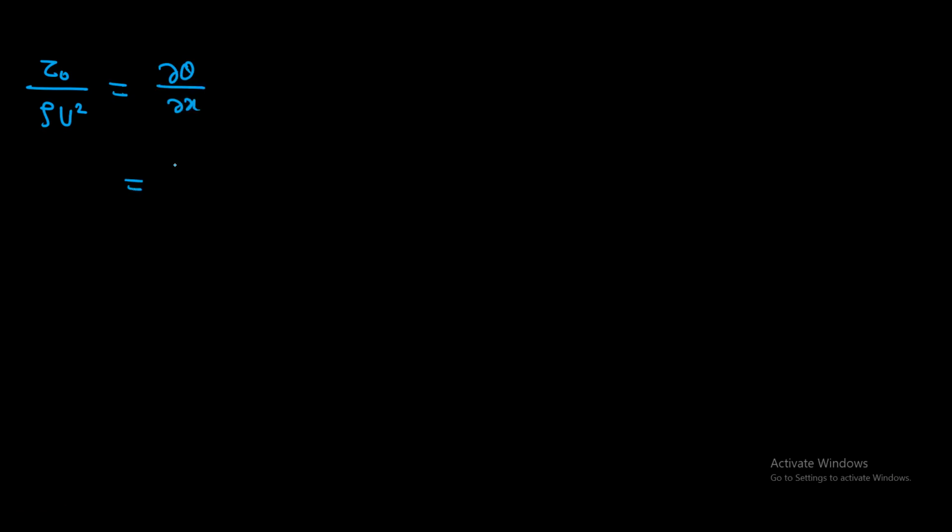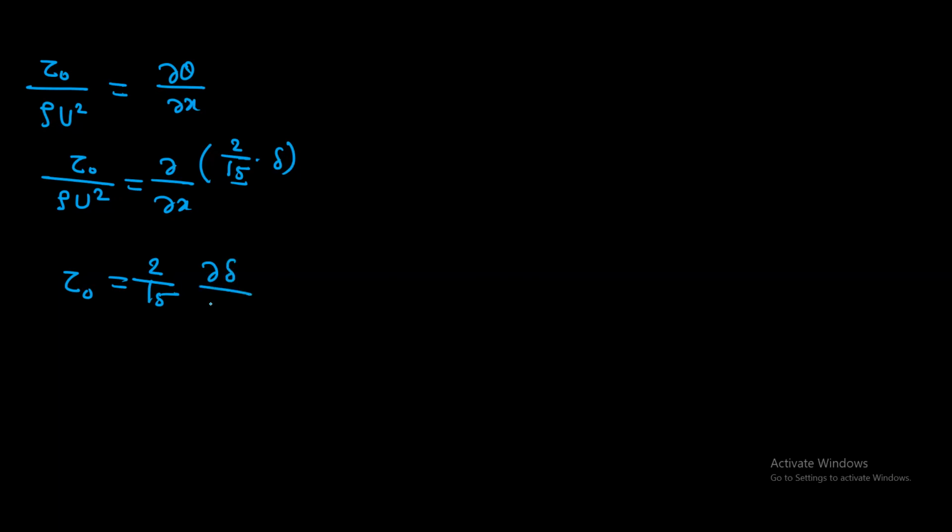So this is equal to del by del x in bracket 2 by 15 into delta. So this is the value of tau 0 upon rho U square. From this we can write tau 0 is equal to, just take 2 by 15 out of the derivative. So it is 2 by 15 dou delta upon dou x into rho U square. Okay.